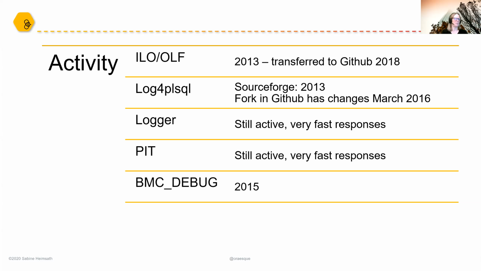He's also quite busy, but if you manage to get him interested in your problem, you can always get help, and also extensions to the framework. That's really cool. And BMC Debug, as I said, has been put online in 2015. I haven't had contact with the developer, but someone who gives this away for free must be a nice person.